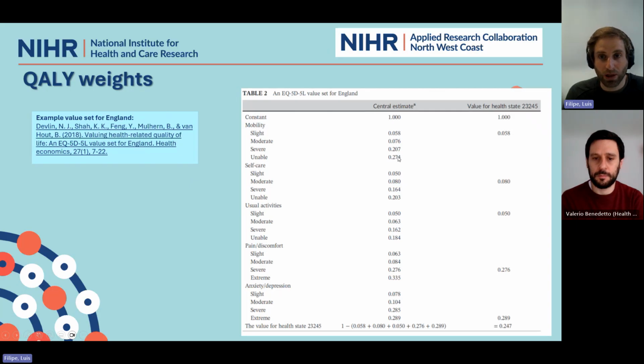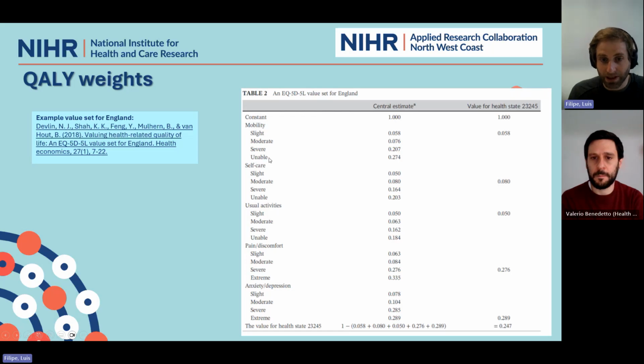So it's more or less 5 times as bad as having slight problems in mobility. And all these numbers also relate to the other ones. So for instance, if I pick here pain and discomfort severe, which is a similar value to this one, it literally means that people value it more or less the same as mobility being unable.